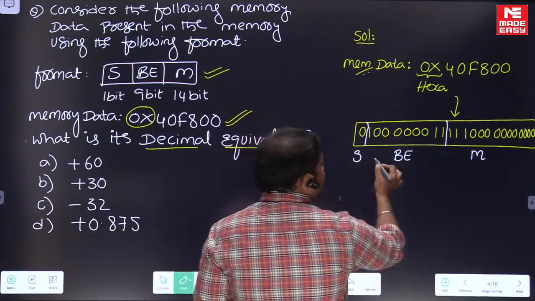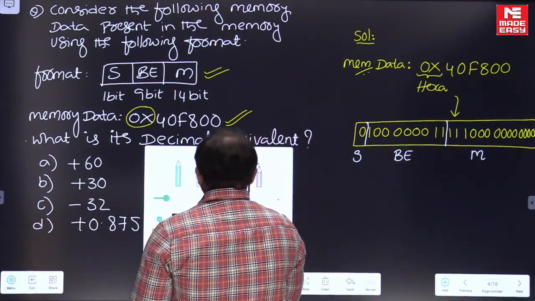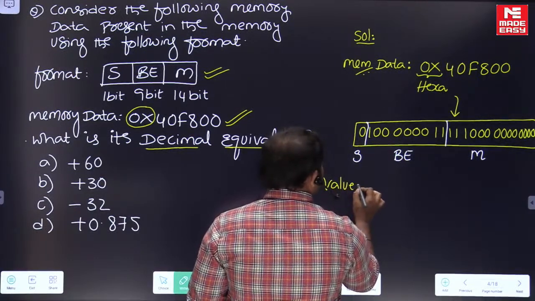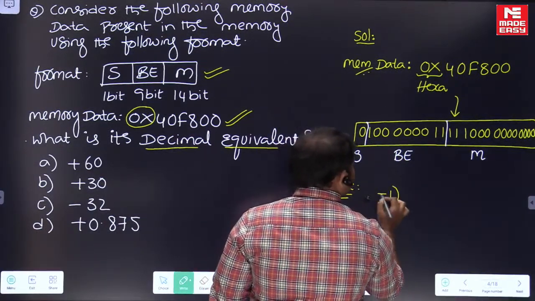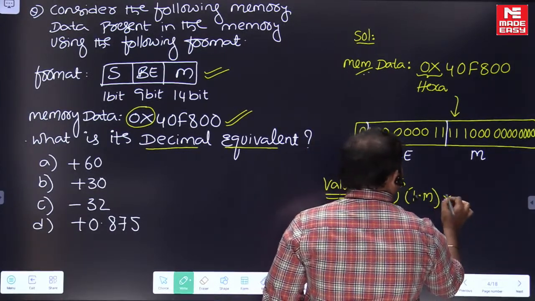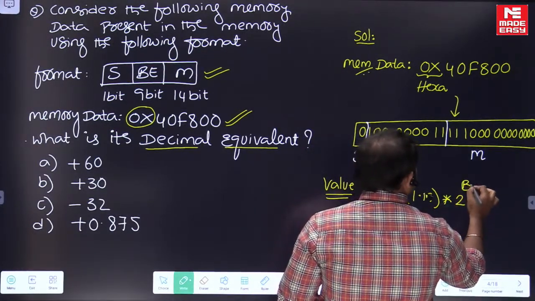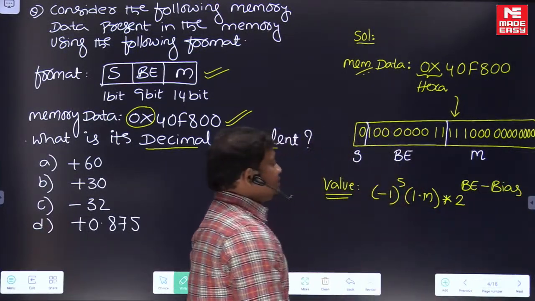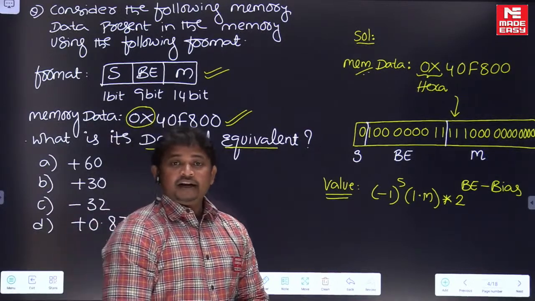Right. So according to the given data, we can directly place the binary code into the value format. That is (-1) to the power of s into 1.m into 2 to the power of BE minus bias. This is the structure to report the value.